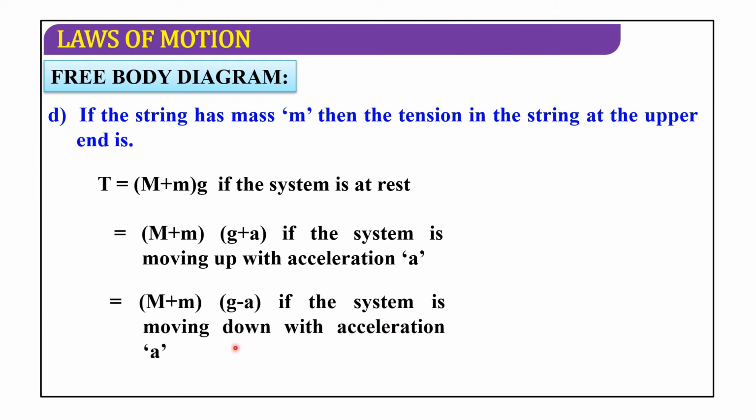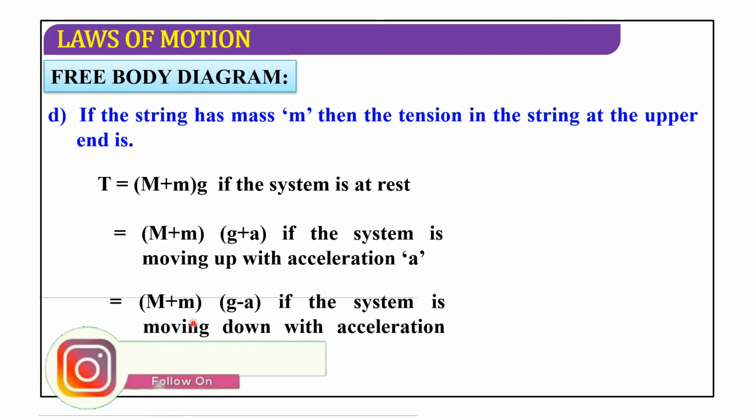If the system is moving down with the acceleration A, (M plus m) into (g minus A). Here we are adding the mass of the string, that is capital M plus m. Capital M denotes the object mass. Small m denotes the string mass.